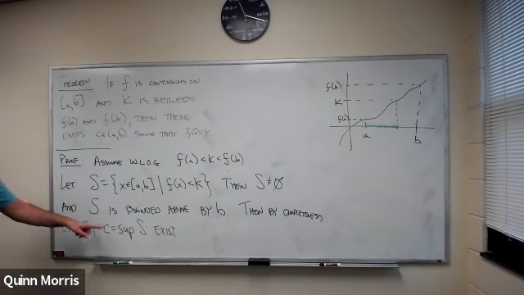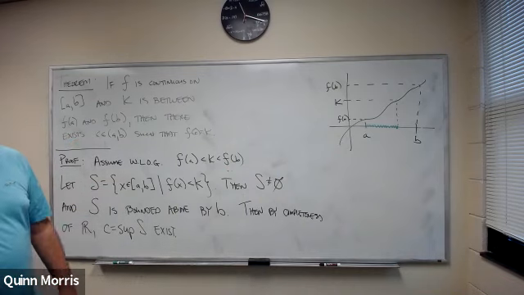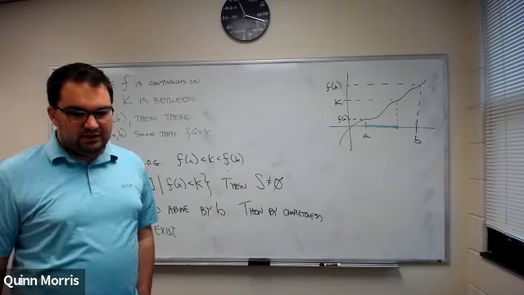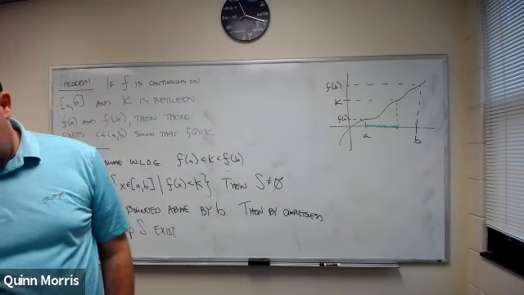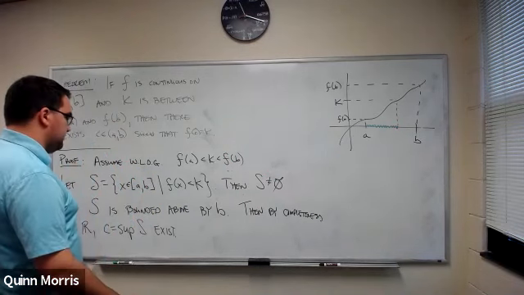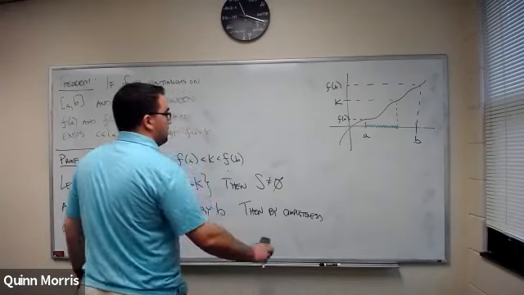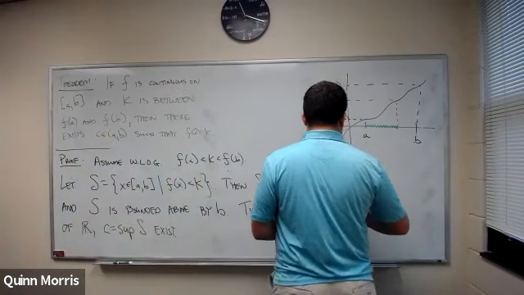Why am I calling this C? Because I'm going to show that the supremum of this set is exactly the value such that f of C is equal to K. All right. So now what can we say about the C value? I think we're good here.